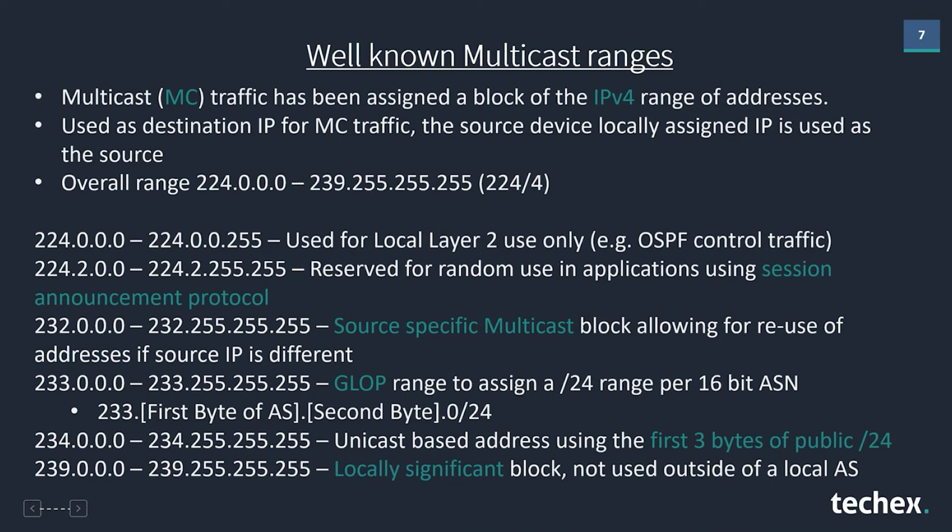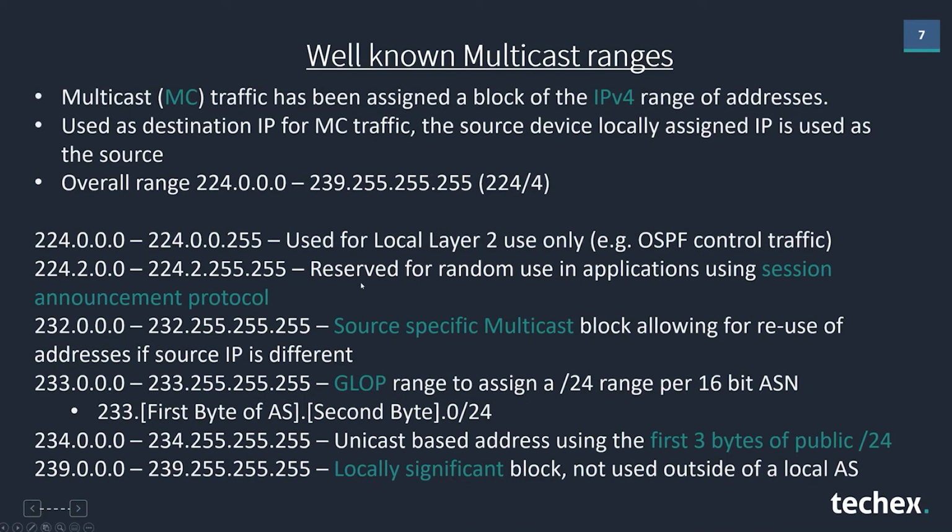So for everyone who has a /24, they have one multicast address range that is globally assigned to them. Obviously, it isn't probably going to work over the internet because the internet doesn't natively support multicast, but it is there globally, so you can use it for specific use.